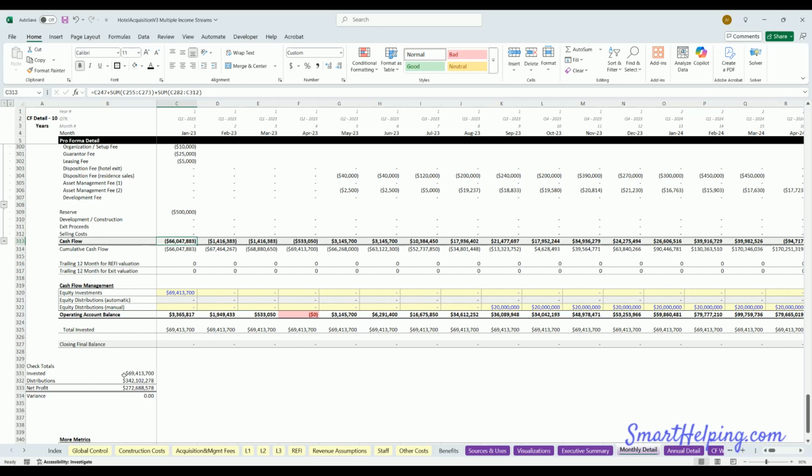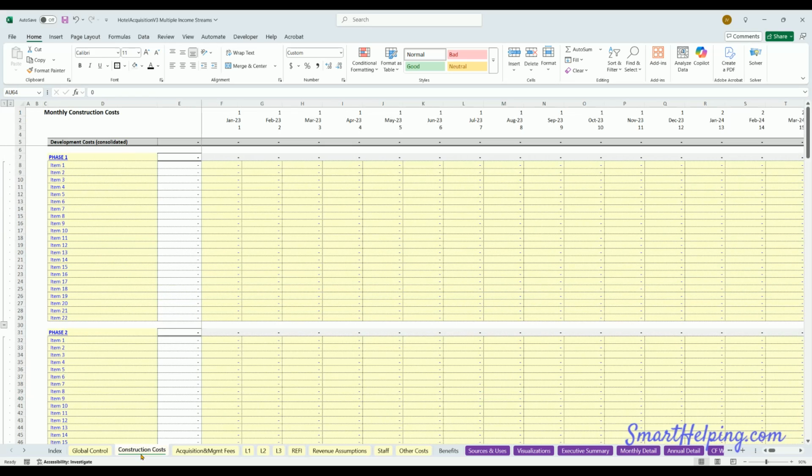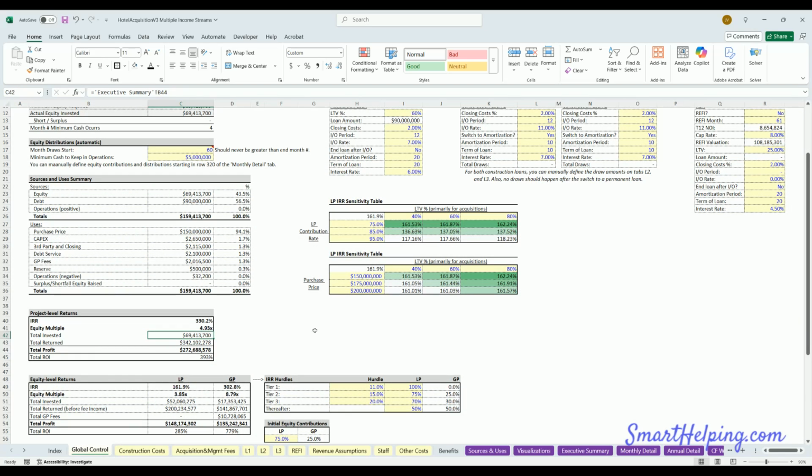This is, in my mind, and from what I work with clients, the best way to do it. That gives you the most granularity and the most accuracy with returns and the timing of things. So this is how we've done it here. But if you want it done differently, I'm available for custom work to do anything that you need or structure it however you want.